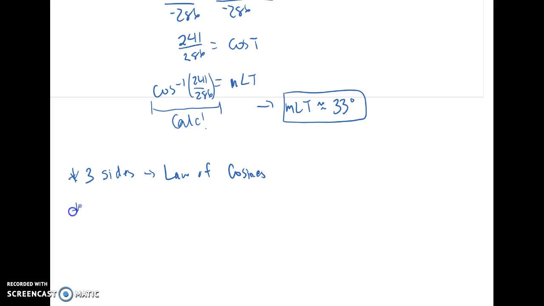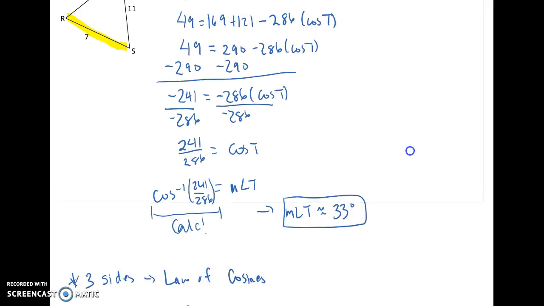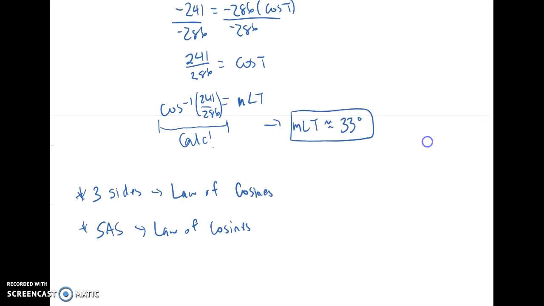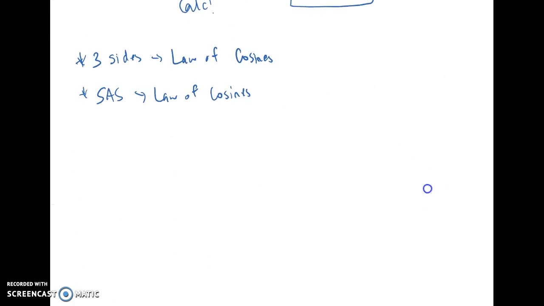If you're given that kind of side angle side information, that's going to be law of cosines. What do I mean by side angle side? Go up and look at A. That's what I mean by side angle side. Okay. Notice anything else will be law of sines.